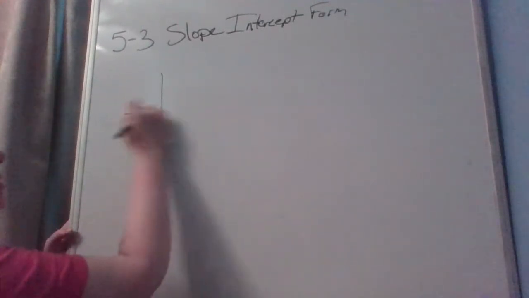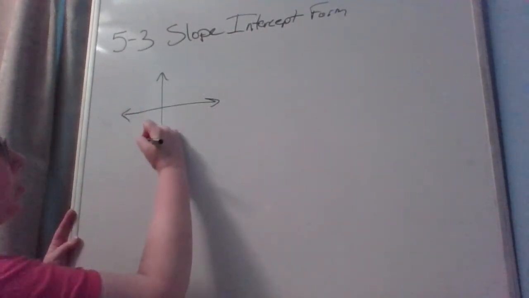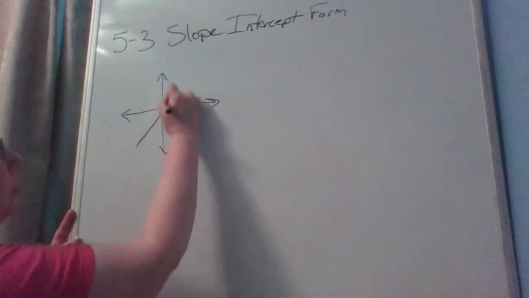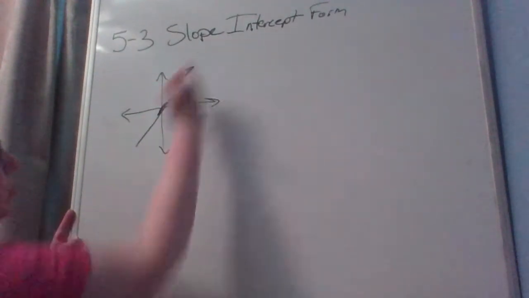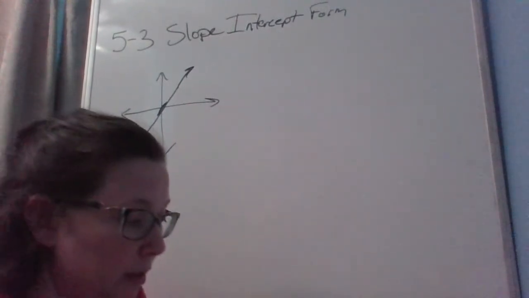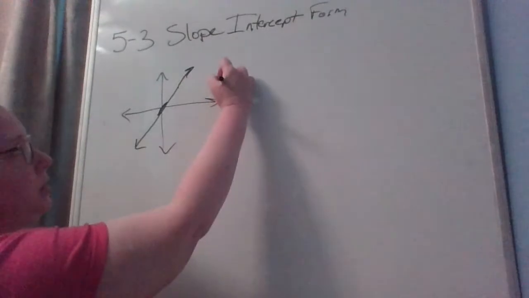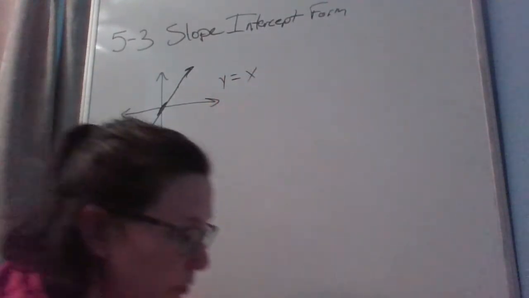Y equals x is the simplest function that you can have, and your line is going to go right through the origin, your line is going to look like this. So that is the linear parent function of y equals x, the simplest linear function that you can have.